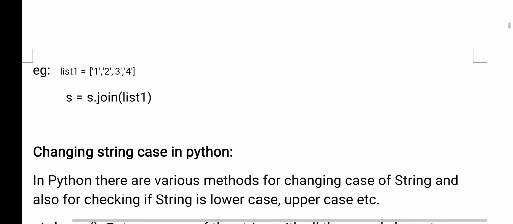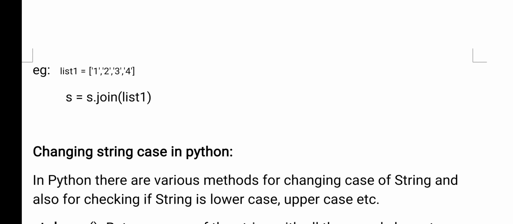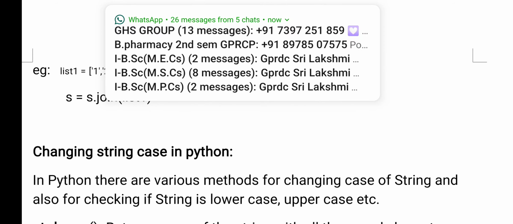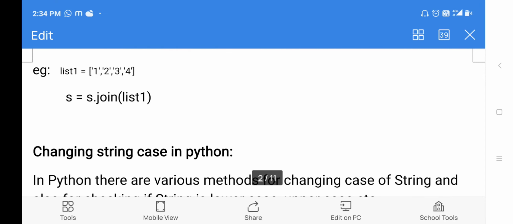Here you see 1, 2, 3, 4 strings, because these are quoted in single quotes. Now s equals s dot join list 1. Whatever strings are there in the list, those are joined together.